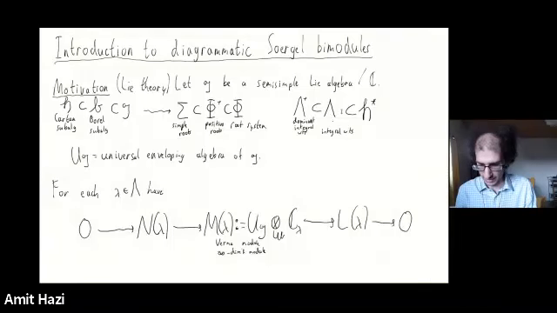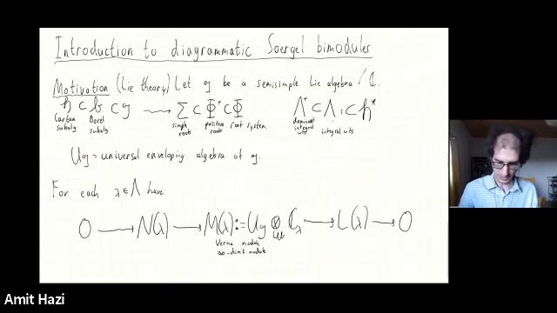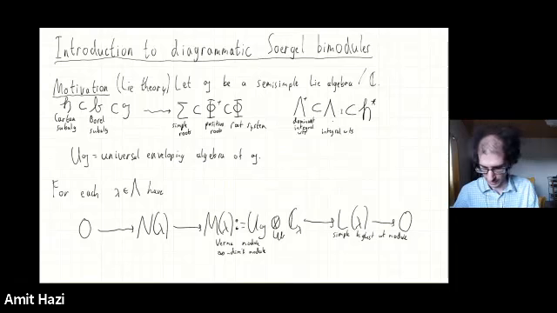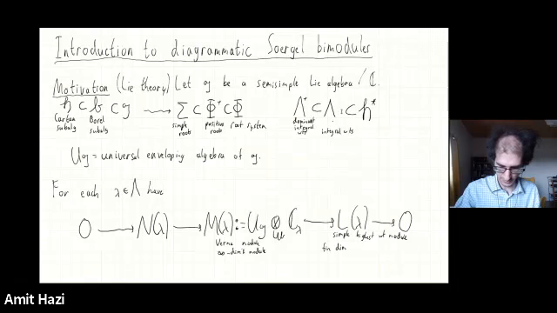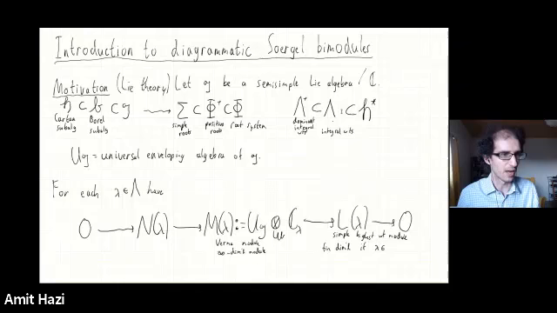And okay, it has a unique simple quotient, which is called L lambda. So this is a simple highest weight module. And it is finite dimensional, but only in some cases. In particular, only if lambda comes from this set, lambda positive, of dominant integral weights.